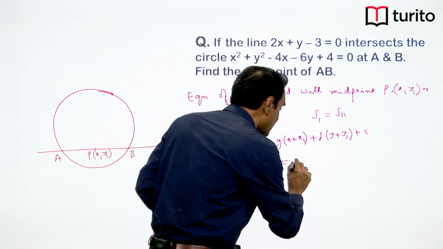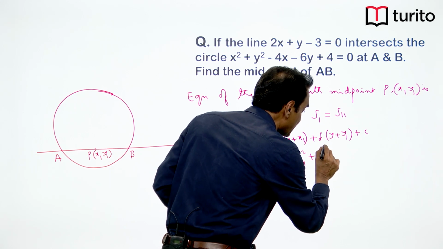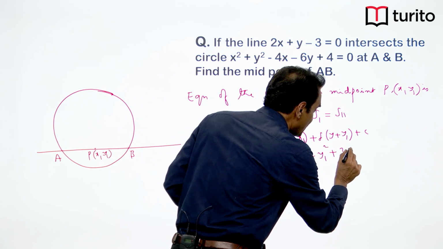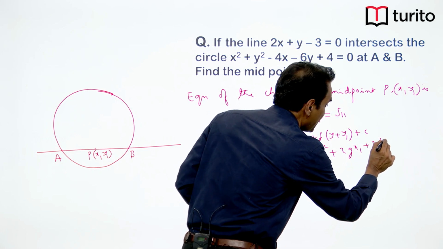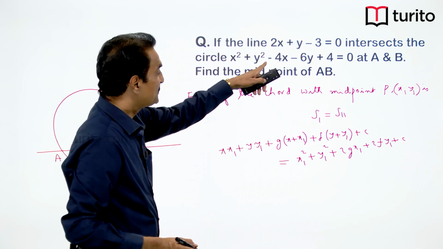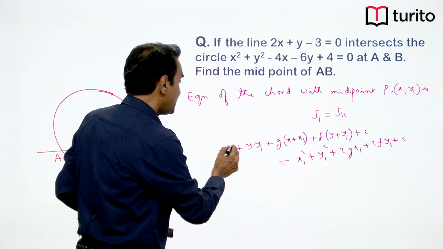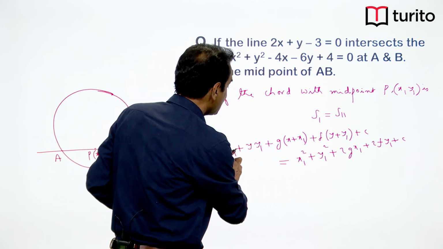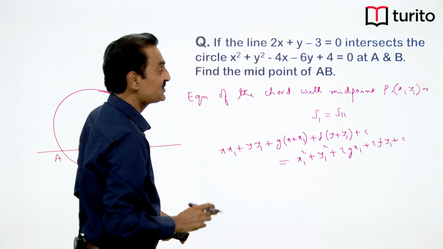S11 is x1 square plus y1 square plus 2gx1 plus 2fy1 plus c, and substitute the values of g, f and c. You will get xx1 plus yy1 plus, what is g? g is minus 2.